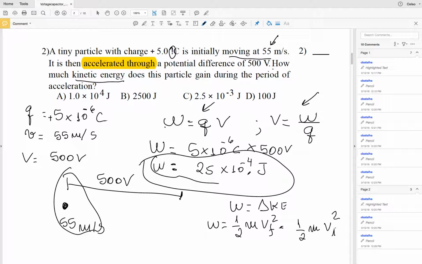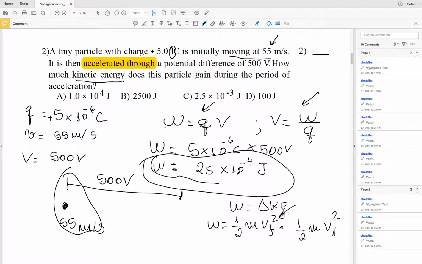Does that make sense? And because it gained that energy, its speed is going to grow by some amount, and you could calculate that if it were asked. So in other words, the gain in kinetic energy is pretty much 25 times 10 to minus 4 joules. Does that make sense?